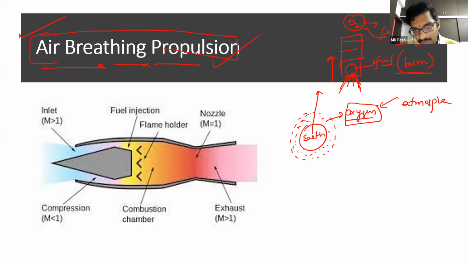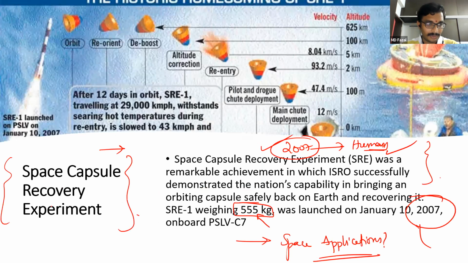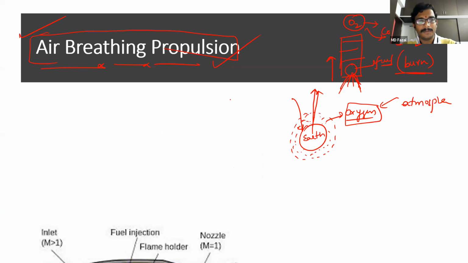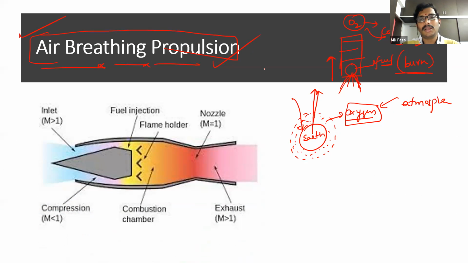Not only while going up, but also during re-entry. Like in the previous recovery experiment, re-entry will happen. When it is re-entering, if fuel is required, anyway basic fuel will be there, but the combustion can take place from the oxygen present in the air itself.